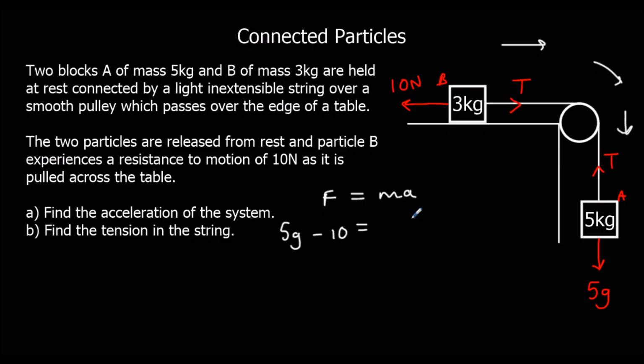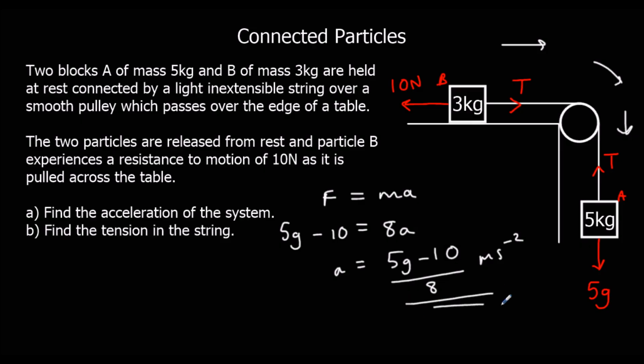And that equals the total mass, which is 8, times the acceleration a. So 5g minus 10 over 8 meters per second squared is the acceleration. We could type that into the calculator and get an answer to 2 or 3 significant figures, but we'll leave it in terms of g for now.